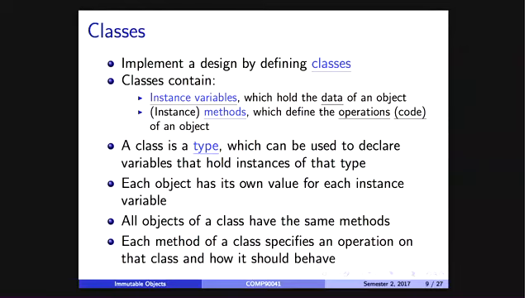So a class is a type. In Haskell, I'm probably going to do that a few times. In Java, a class is a type. Just as int and float and double and so forth are types, so is a class.